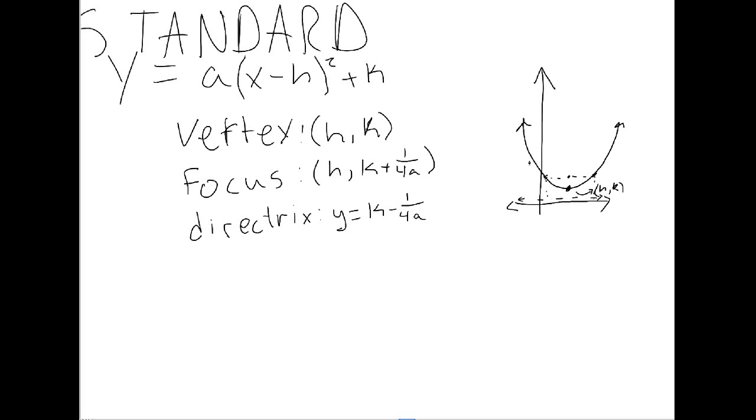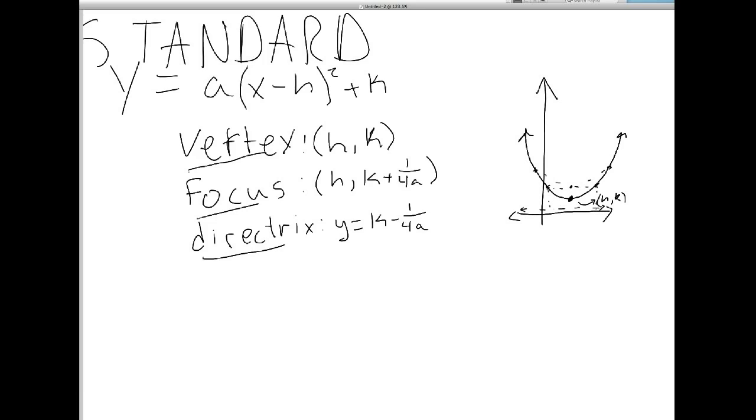Every point on this parabola, if you go across like this, these 2 points are the same distance from the focus, and they're also the same distance from the directrix. So these 3 elements are the most important part of the parabola, and they're given in standard form of the equation. So how do we find standard form?